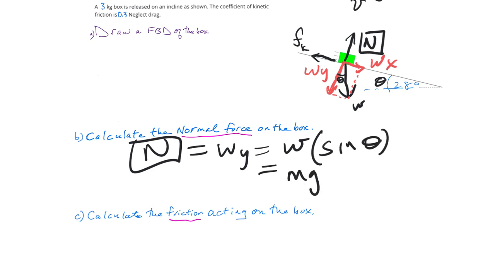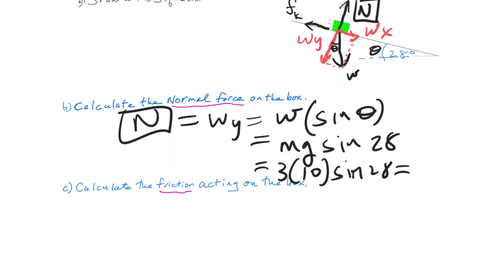So that equals mg, which is what weight is, times sine of 28. I get 14.08 newtons.